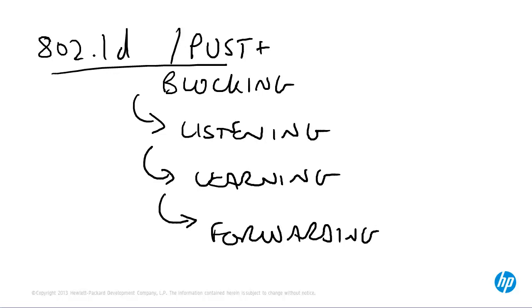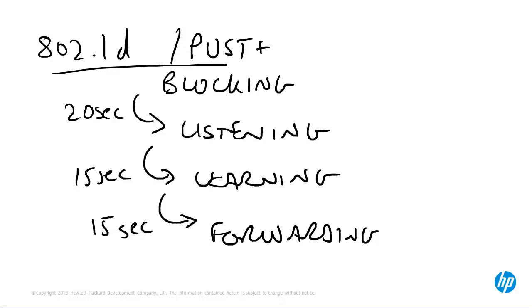The problem here is that this would take 20 seconds, this would take 15 seconds, and this would take 15 seconds. You could reduce timers, but it wasn't recommended because you may have introduced loops.